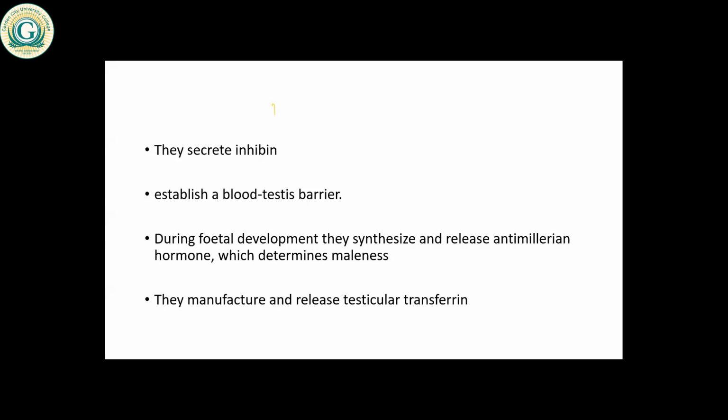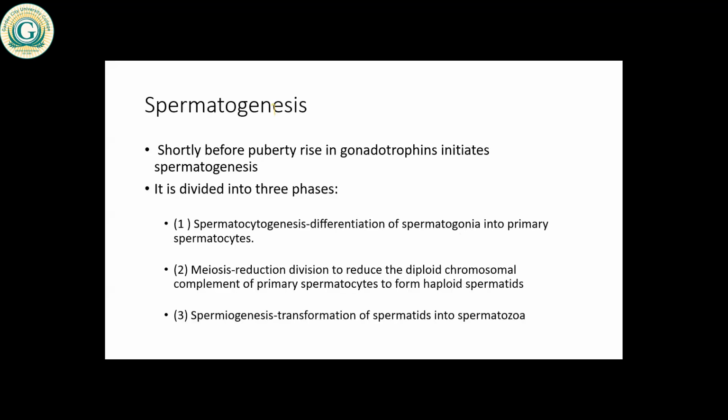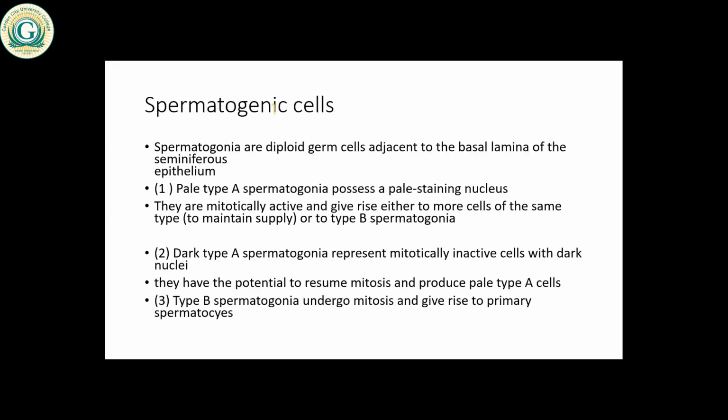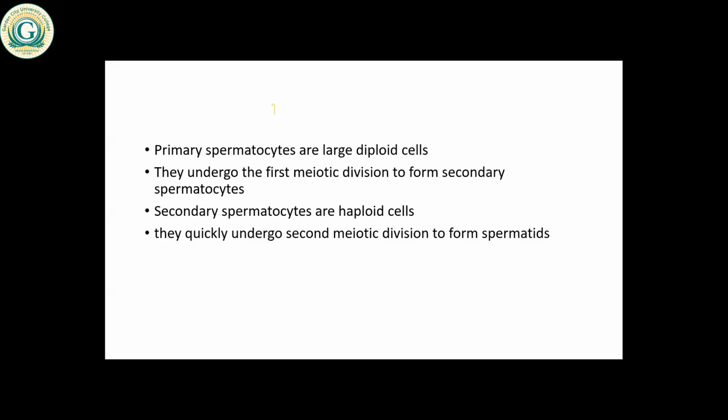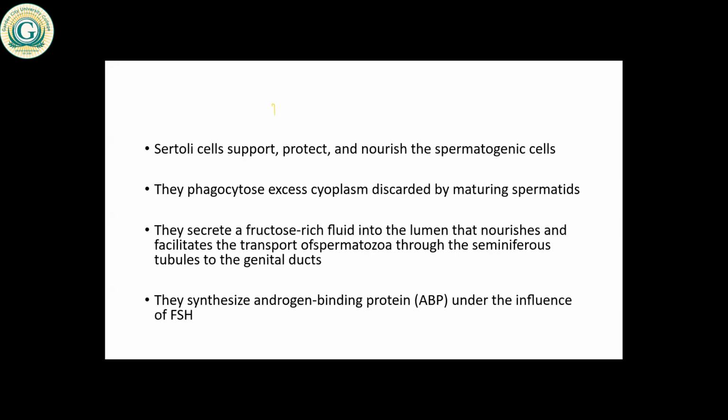Okay, then the transfer is there, but let's go here. I've gone far. Okay, and then they support, they protect, and they feed the spermatogonial cells. They also form, you see, because they don't allow the immune system to come within the seminiferous tubule, the Sertoli cells behave like white blood cells.